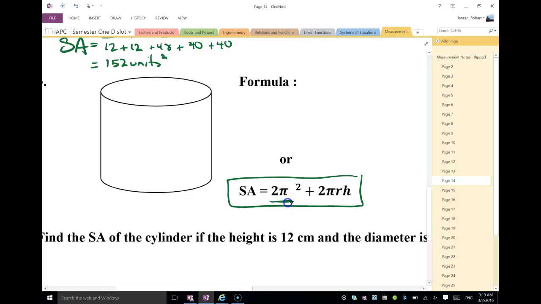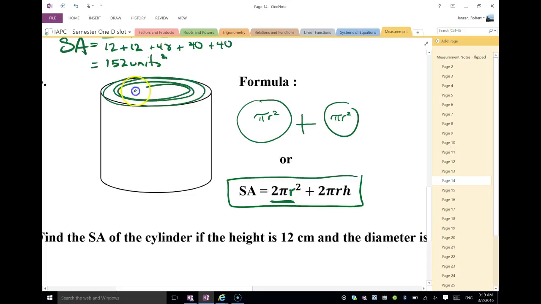It's 2 pi r squared, plus... there's a little r missing there. Pi r squared is the circle. Each circle is pi r squared, and there is one circle up here, and then another circle on the bottom.